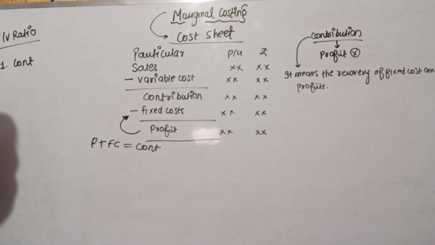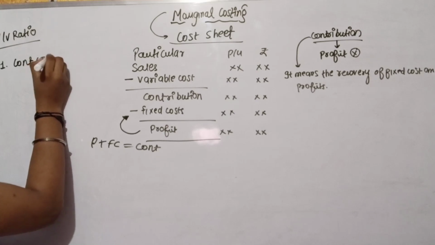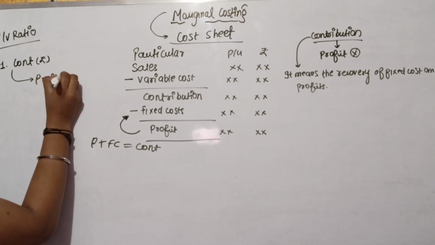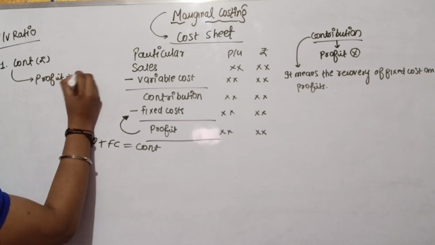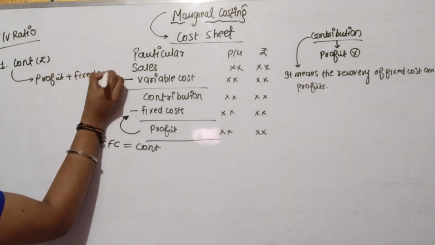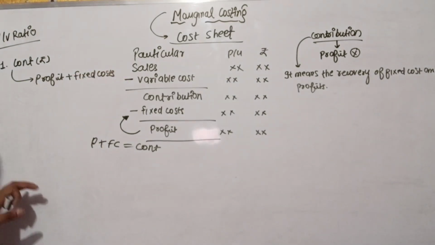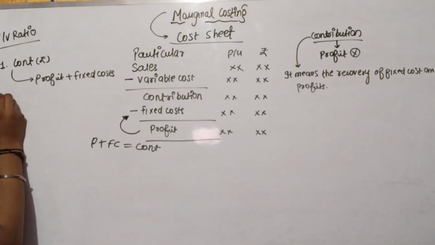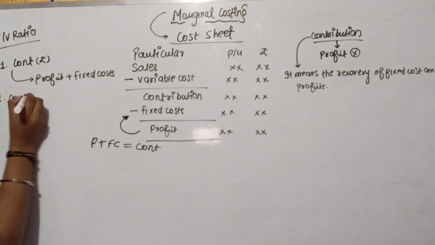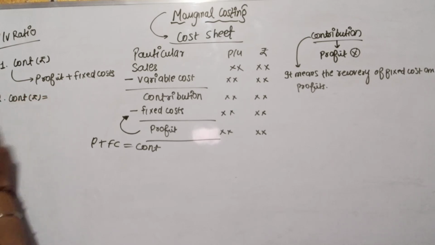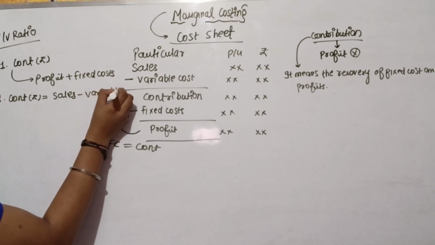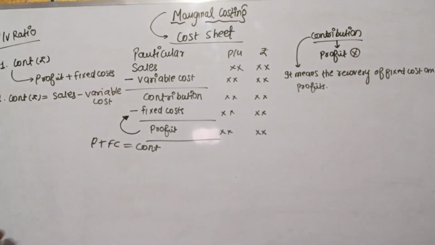If you want to calculate contribution in amount, the formula is profit plus fixed cost. As we can see here, if you add profit and fixed cost, then we will be getting contribution. The second formula is contribution in rupees equals sales minus variable cost.